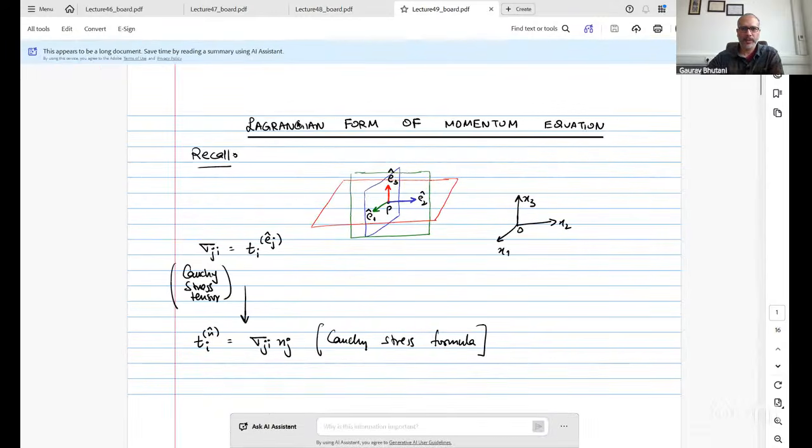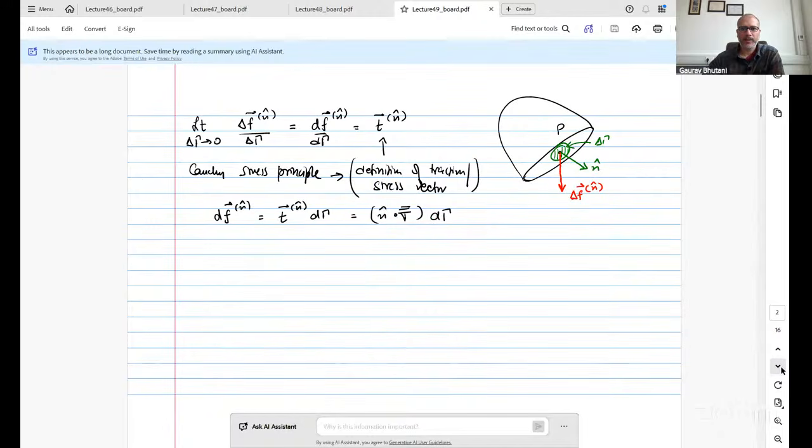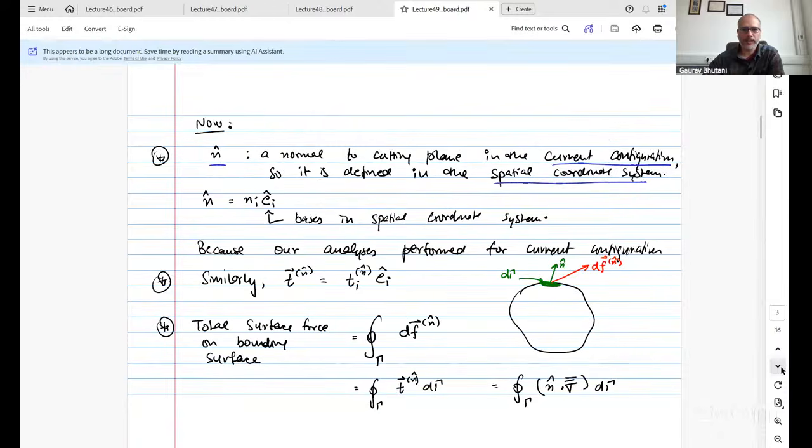Now in this lecture we talked about the Lagrangian form of the momentum equation. This was a bit conceptual, where we said that although the force balance was written in the current configuration, we can define a traction vector such that it is df upon d gamma naught.